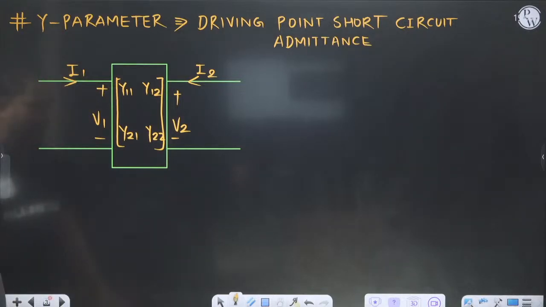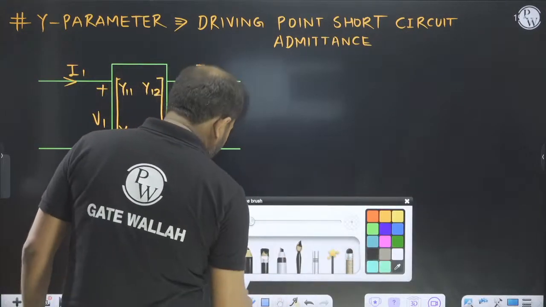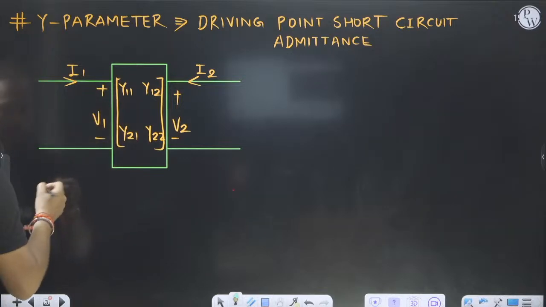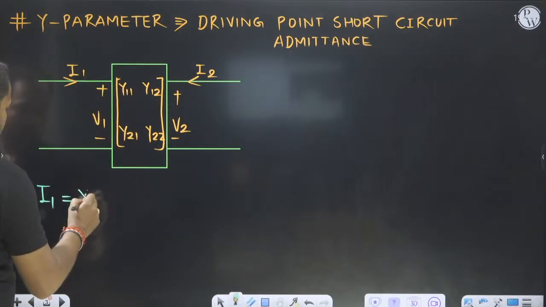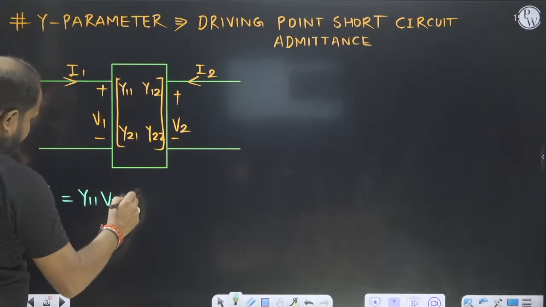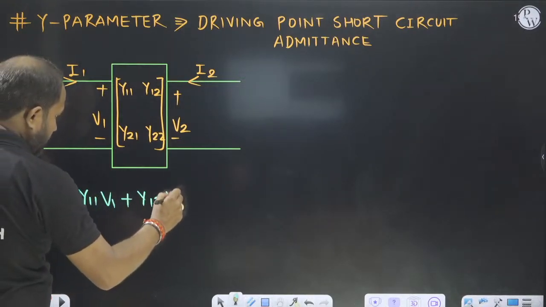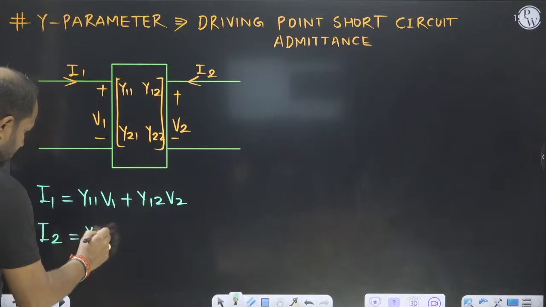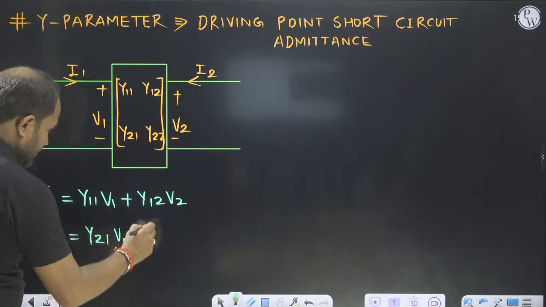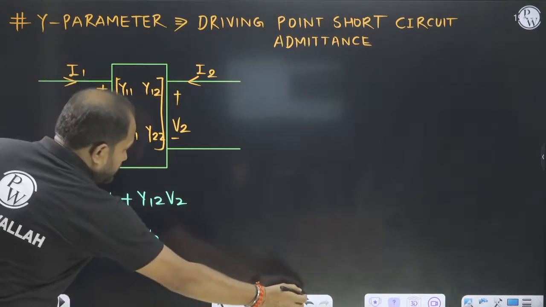So I1 is Y11 V1 plus Y12 V2, and I2 is Y21 V1 plus Y22 V2.